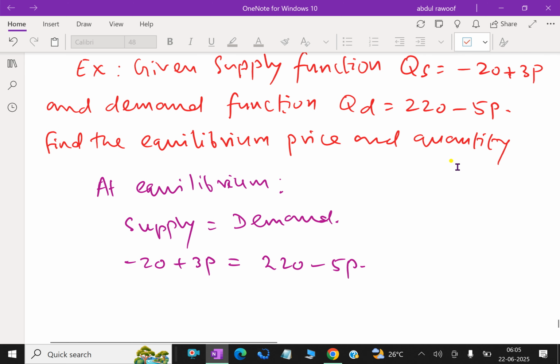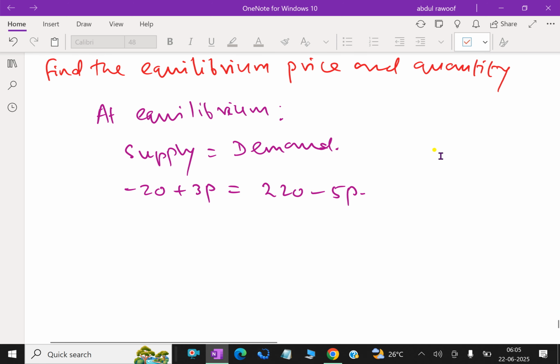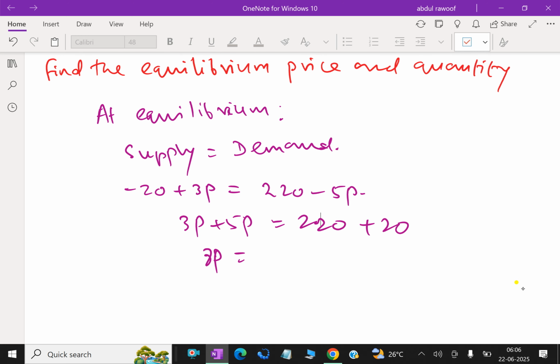We'll equate and find the value of P here. Keeping P on one side and numbers on the other side, 3P minus 5P comes to this side as plus 5P, equal to 20 plus 20, which is 8P equal to 40.